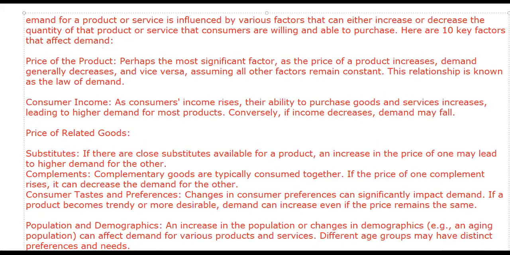Just to elaborate, there are many. So we have the price of that particular good, consumer income, the related goods, which could be substitute or complementary, the population and demographics. These all affect your demand for a particular good.